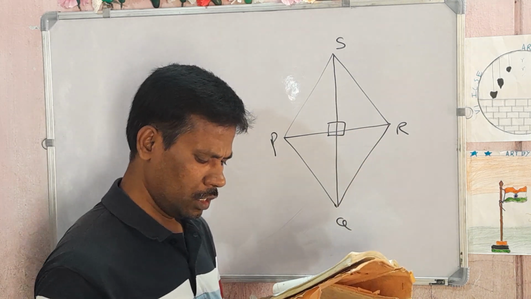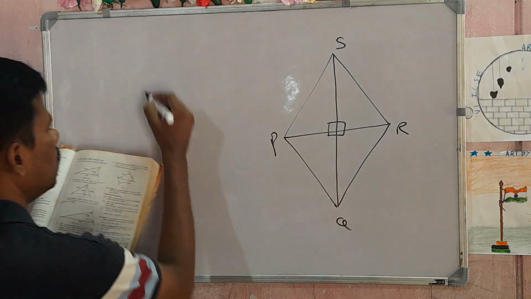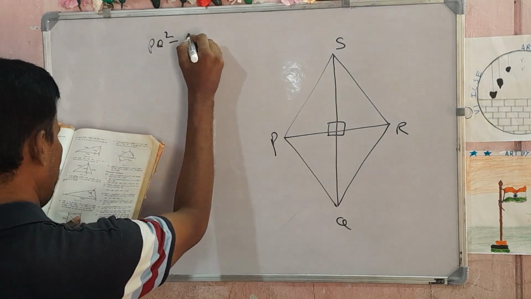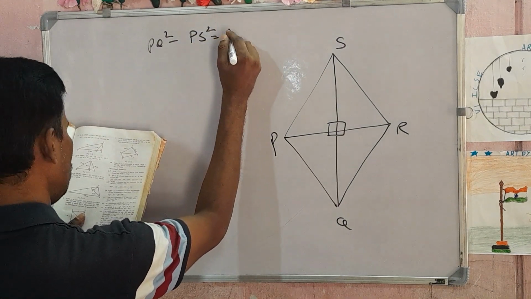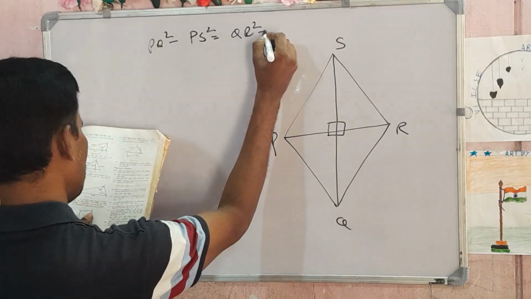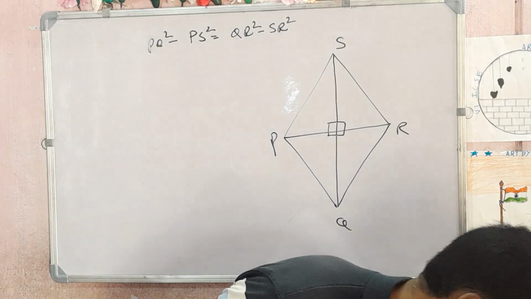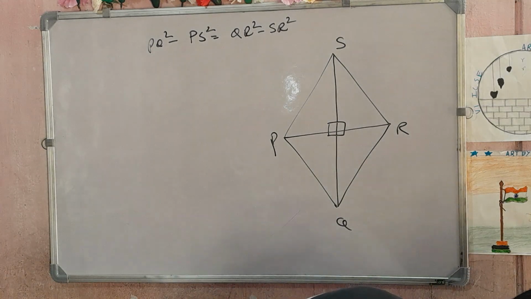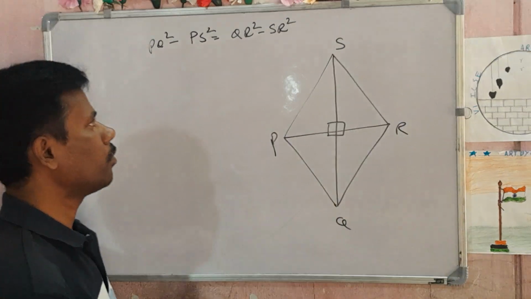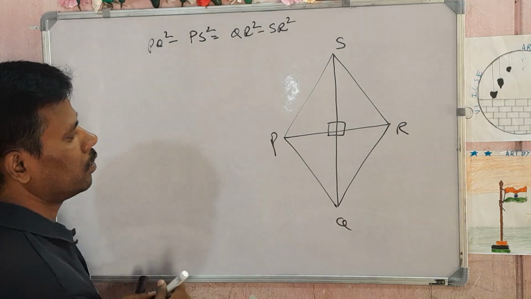Prove that PQ square minus PS square is equal to QR square minus SR square. So this is another different problem, I can say.